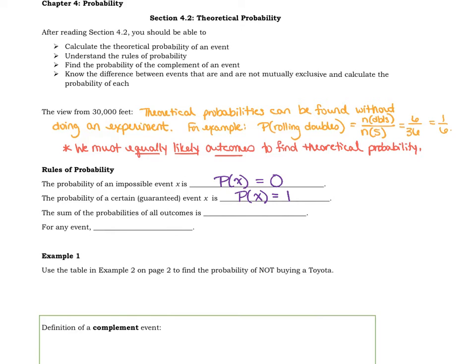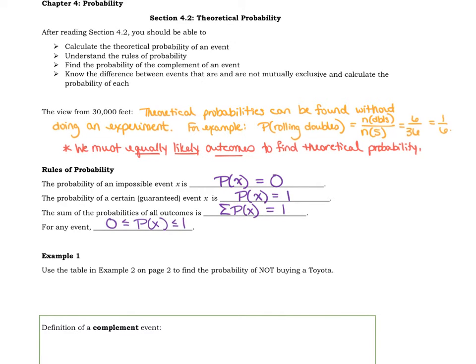The sum of the probabilities of all the outcomes, using our summation notation again, the sum of all probabilities of all the outcomes, whatever they are, has to add up to 1, or 100% of the time. And for any event, no matter what it is, the probability of that event has to be between 0 and 1 inclusive.